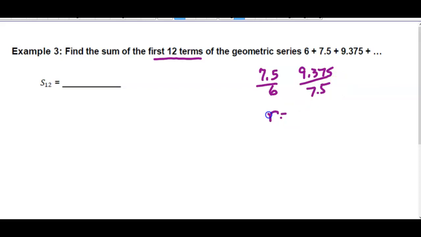Either one of those would give us r. So 7.5 divided by 6 is 1.25. The other one also gives us 1.25 or 5/4.